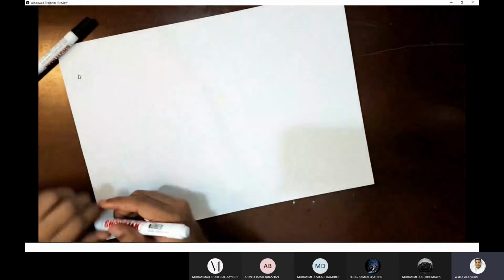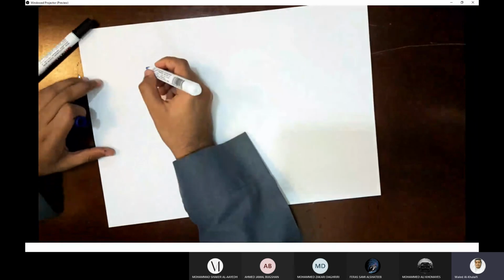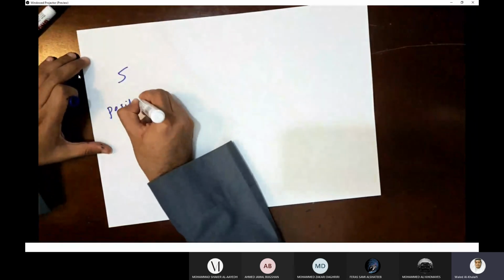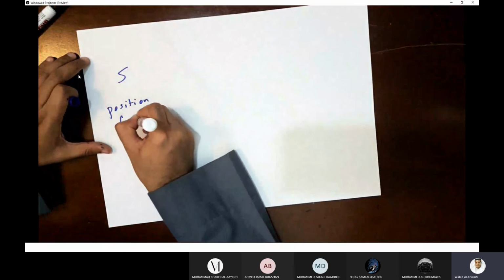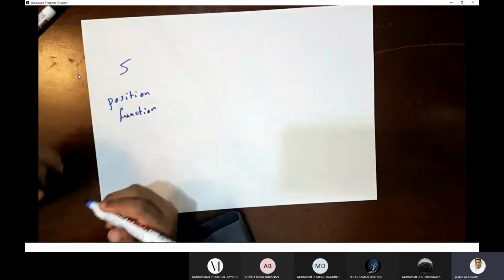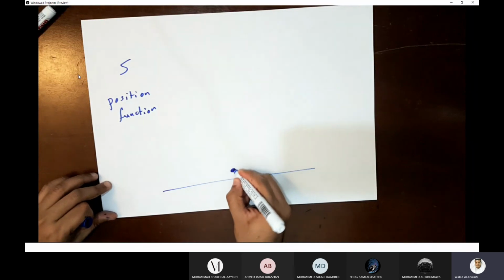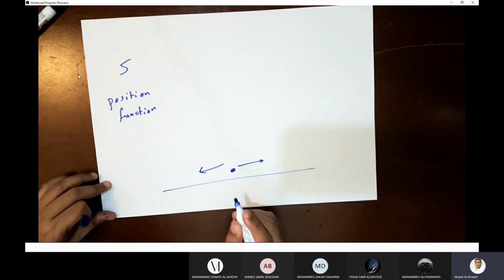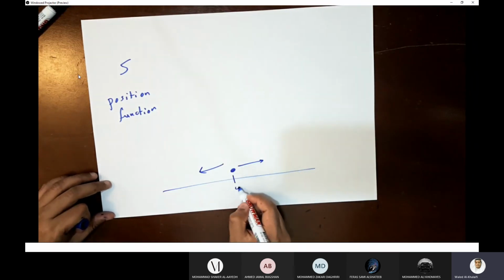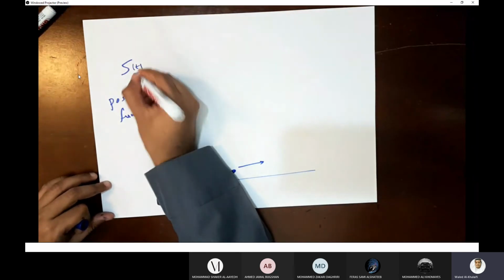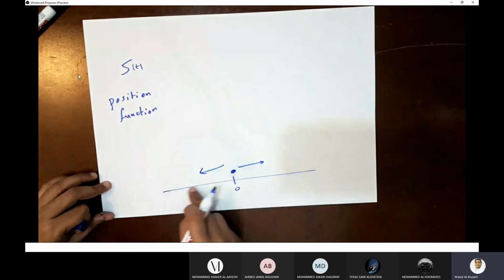If you have a position function, what does position function mean? The function that tells you where the particle is. If you have a line and some particle moving either forward or backwards, when you put time t, it will tell you where the particle is. This is s of t.